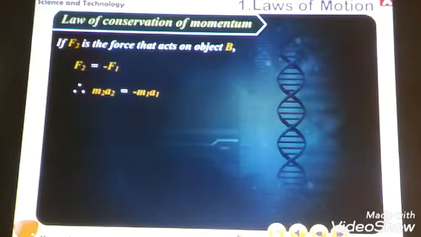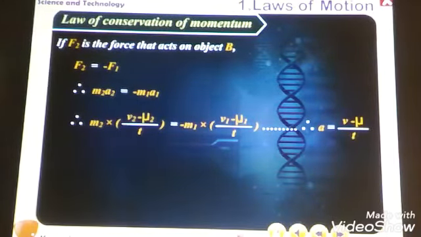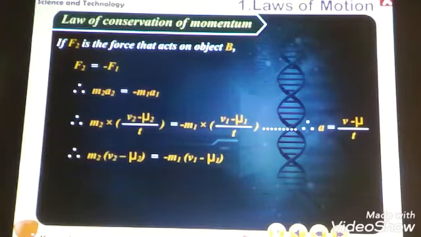Therefore m2 into a2 is equal to minus m1 into a1. Therefore m2 into (v2 minus u2) upon t is equal to minus m1 into (v1 minus u1) upon t, since a is equal to (v minus u) upon t.